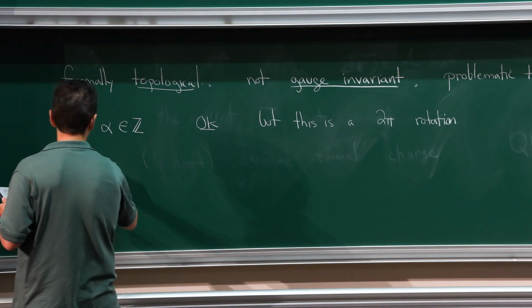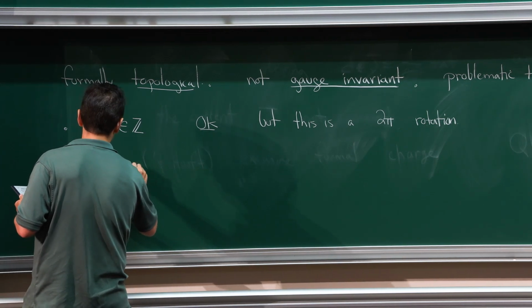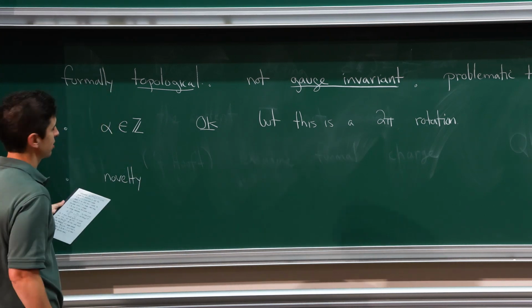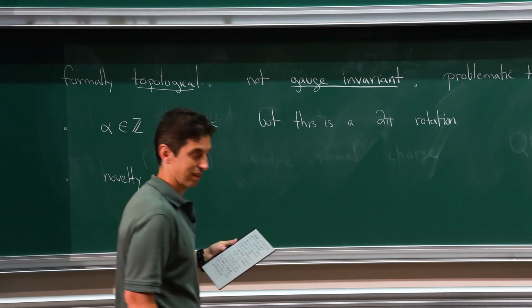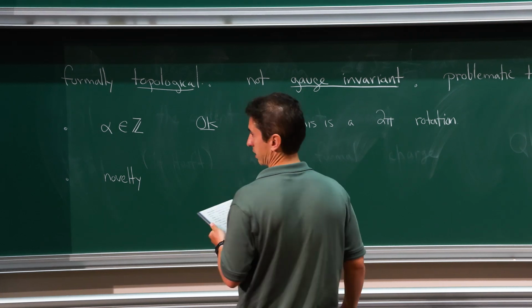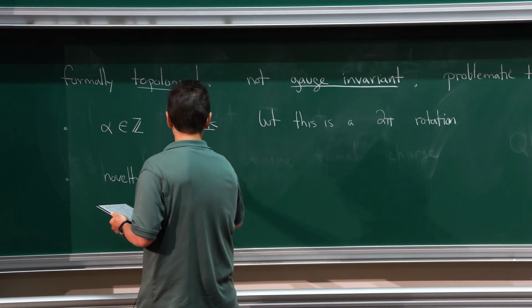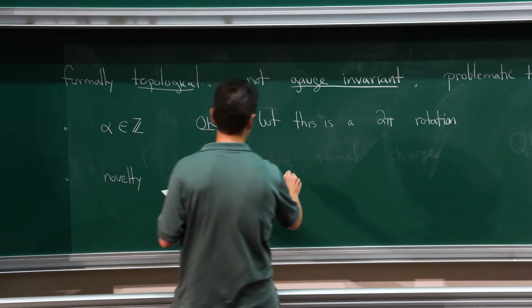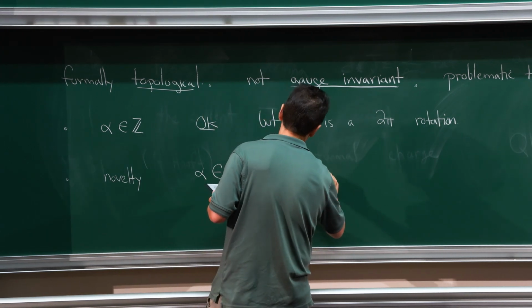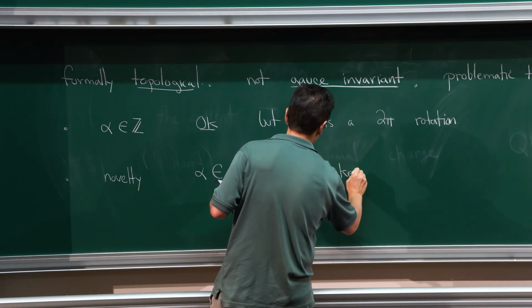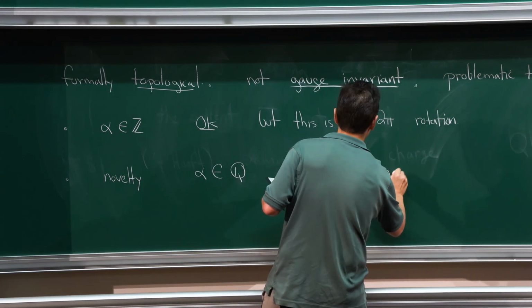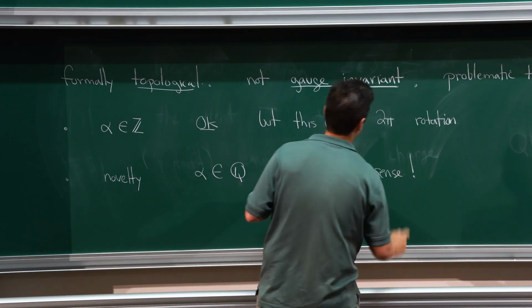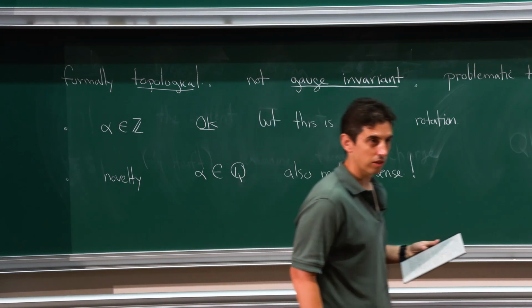So the novelty, which is really only a novelty to people in high energy physics, in condensed matter it will be more recognizable, is that in a sense alpha rational also makes sense. Now I'll have to explain a lot to convince you of that.